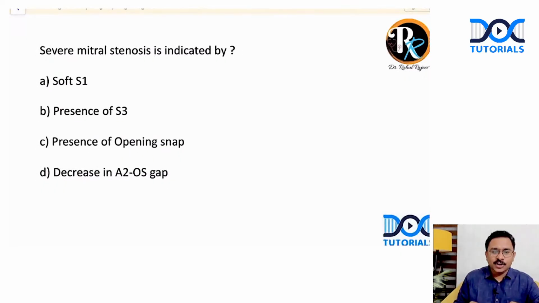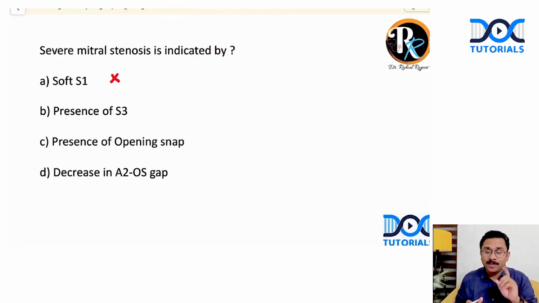Severe mitral stenosis is indicated by. Severe mitral stenosis, what do you think? Soft S1? No, it is wrong. We know that as the severity of mitral stenosis increases, usually the S1 becomes loud. But does all severe MS have loud S1?